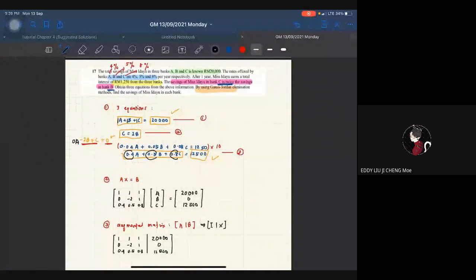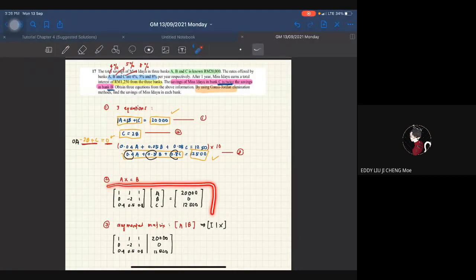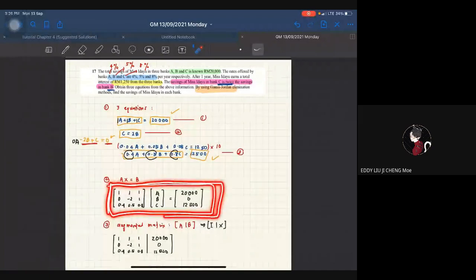Miss, if they just ask for Gauss-Jordan elimination, do we need to form the matrix equation like that, the AX equals to B? Dia tak wajib pun. Oh, okay.